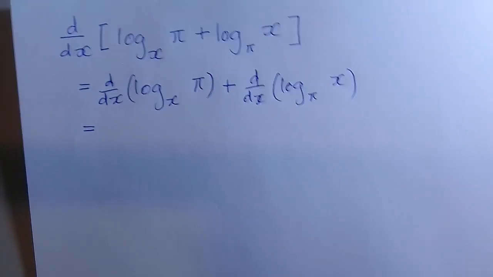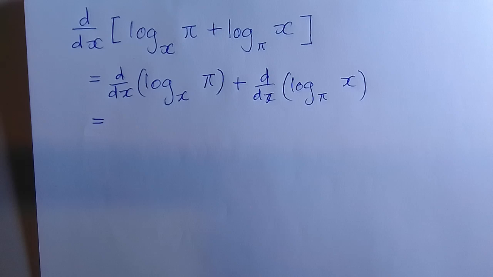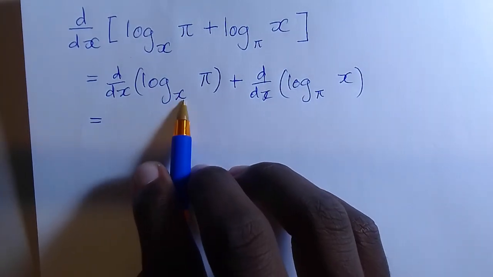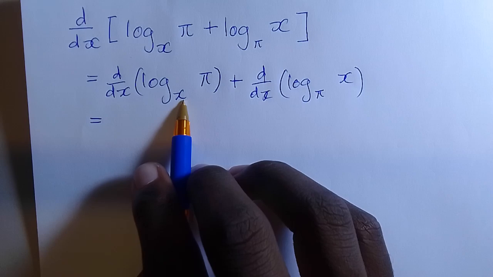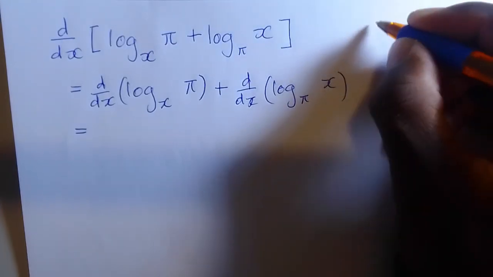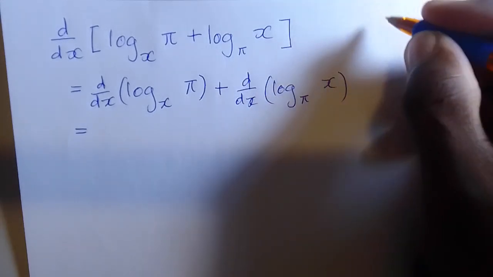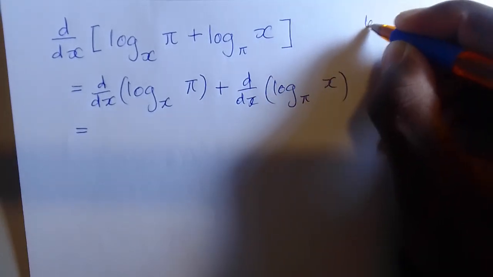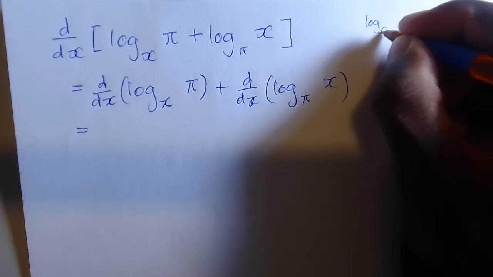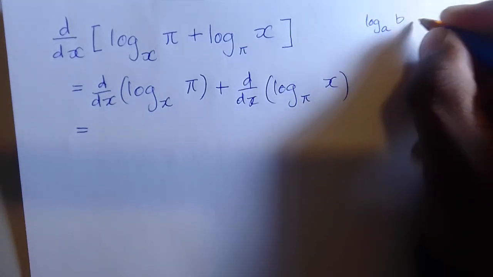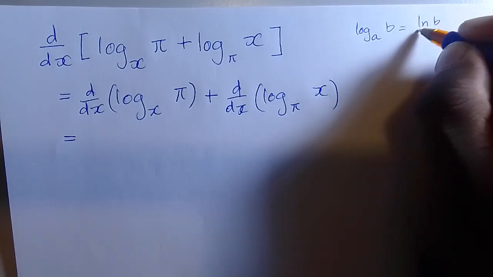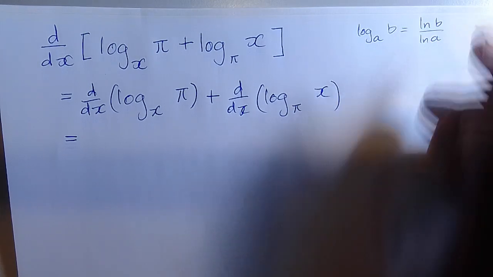Now, for log base x, we don't have a rule to differentiate this directly. So what we'll do is use a log law, which I will write as saying log base a of b is equivalent to ln b over ln a.